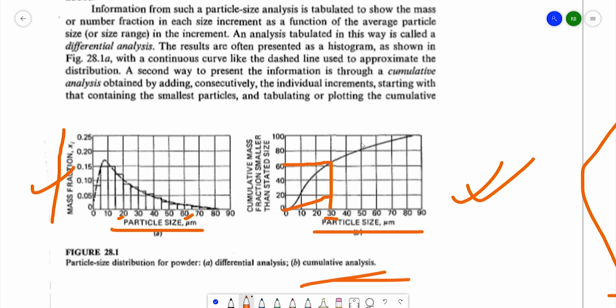Here, all the particles having a particle size less than 70, in total this area has 90%. So 90% of the particles have a particle size less than or equal to 70 micrometer. What about 80?